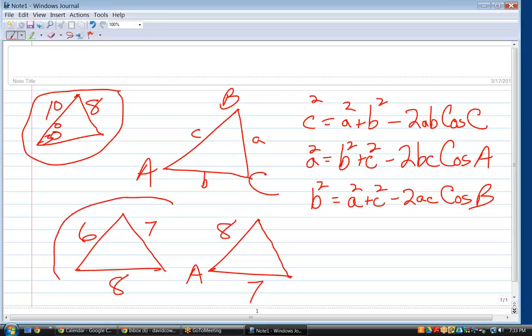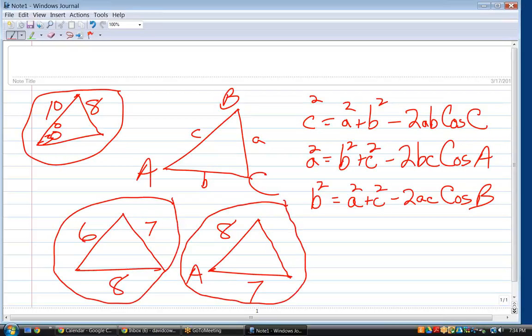Well, in this situation here, we don't have an angle at all. And in this situation here, we have one angle, say that's 30 degrees, but we don't have its opposite side. So in neither of these 2 situations can we start out using the law of sines.